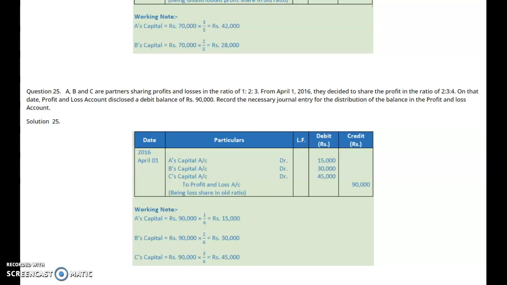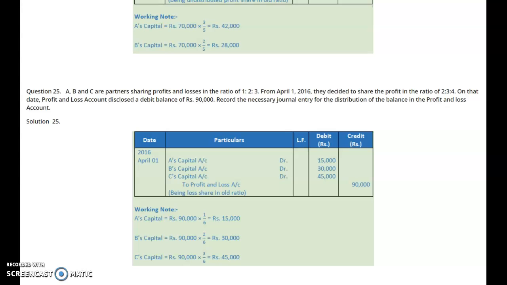Now, dear students, we first have to see what the alternative is, because the treatment will be according to the alternative. If they want to distribute, then automatically you do not need to calculate any sacrificing or gaining ratio. But if they have decided not to distribute, in that case you have to find out the gaining and sacrificing ratio.